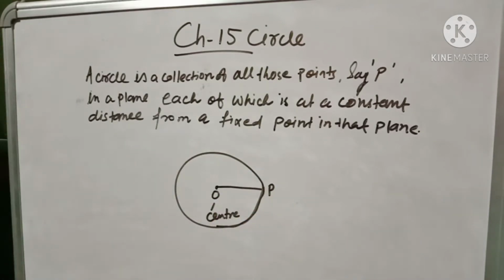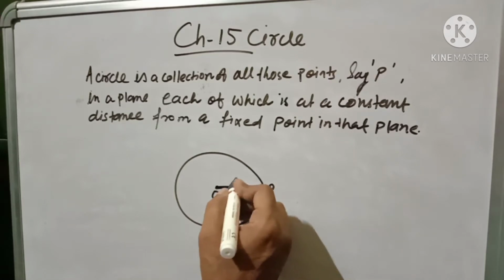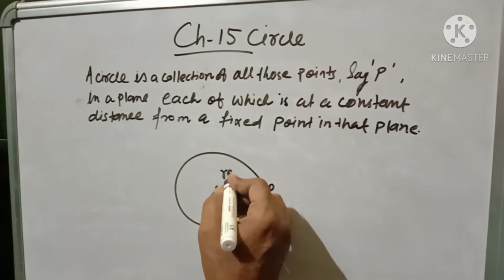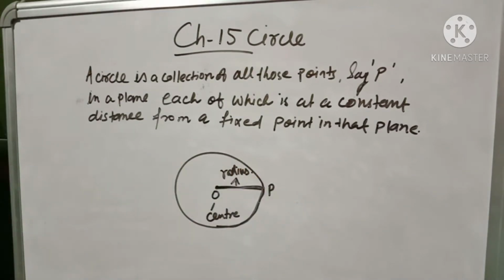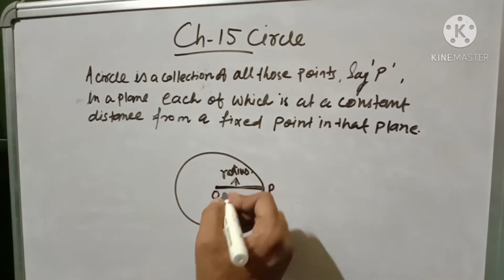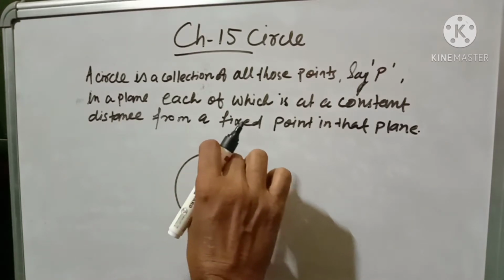The fixed point is called the center, and this constant distance is known as the radius. Remember, all radii are the same in length.